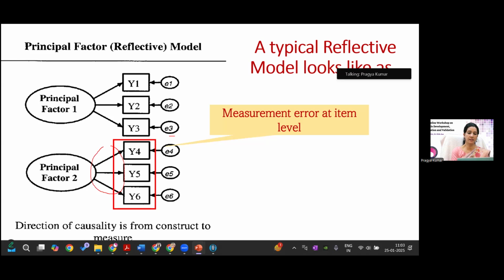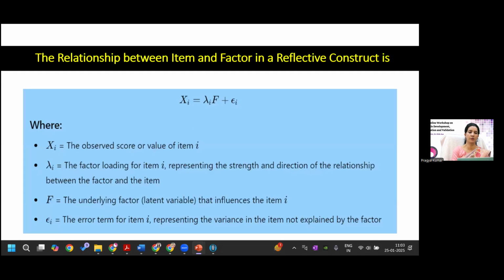And for every item, if I am talking about Y, the one variance can be broken into variance due to this principal component and unexplained variance, which is the error. So the measurement error is at the item level, and the items are highly correlated.